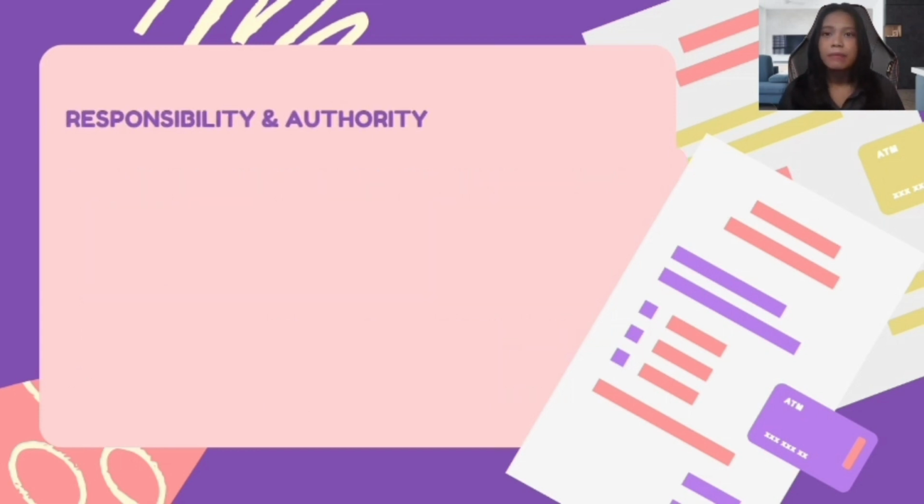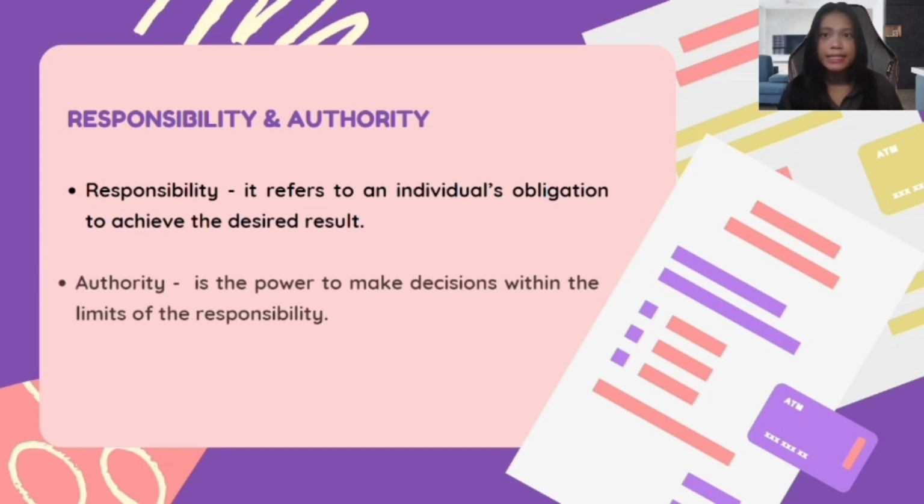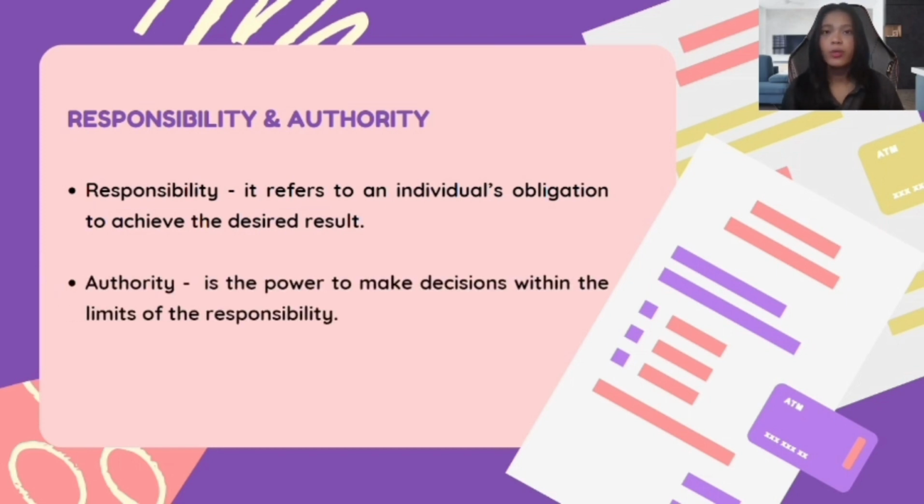Next, under the management principles is the responsibility and authority. When we say responsibility, it refers to an individual's obligation to achieve the desired result, while authority is the power to make decisions within the limits of the responsibility.